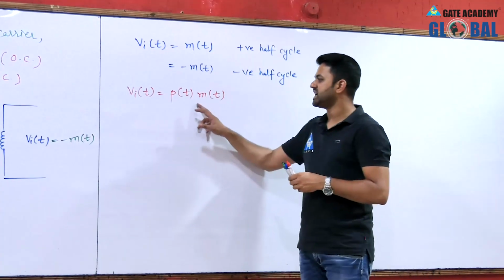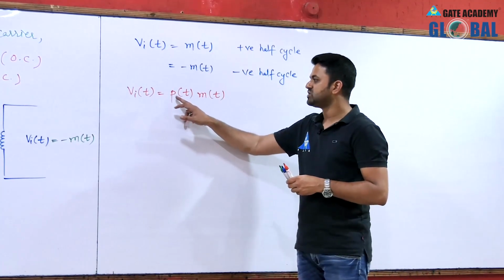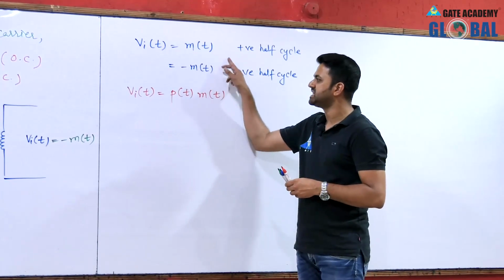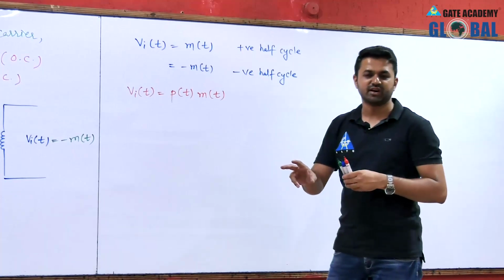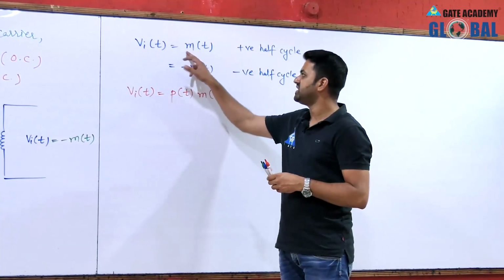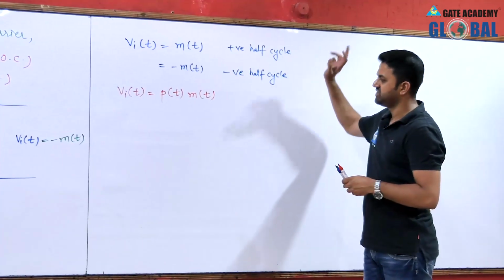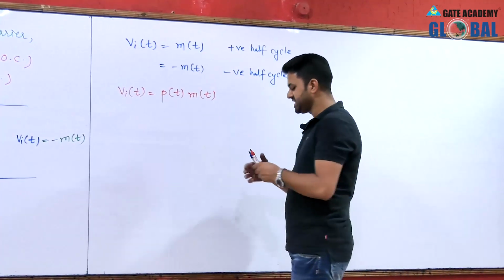So in case of the negative half cycle p(t) will be -1, so we will get -m(t), and that means this condition will be satisfied. And for the positive half cycle, when p(t) is +1, we will get +m(t), so our first condition will be satisfied. So what should be the value of this p(t)?